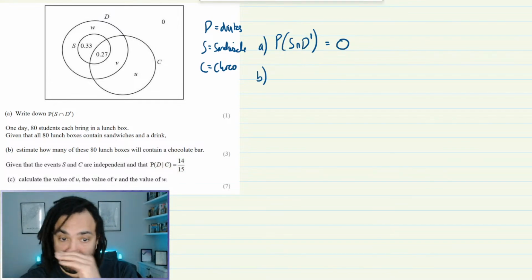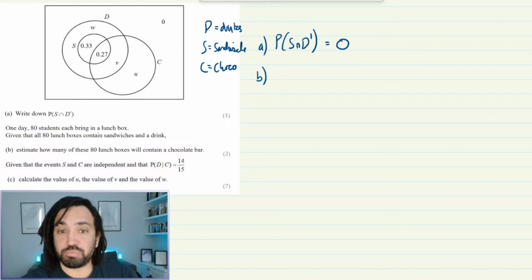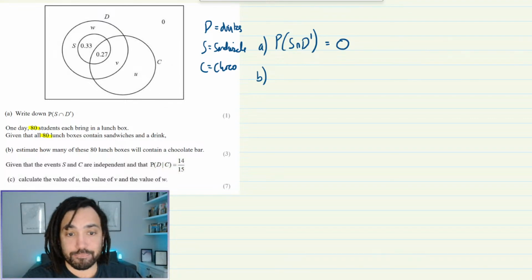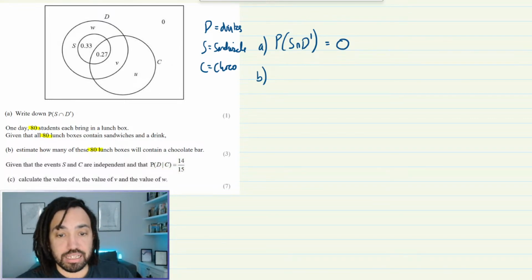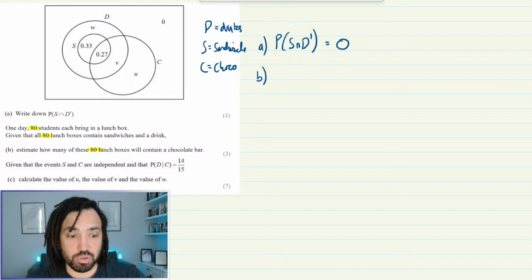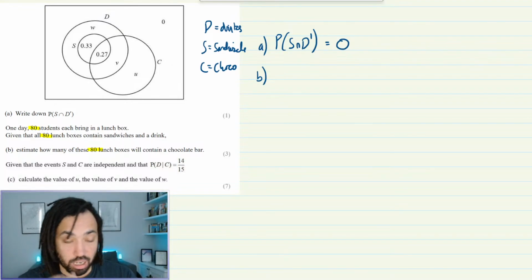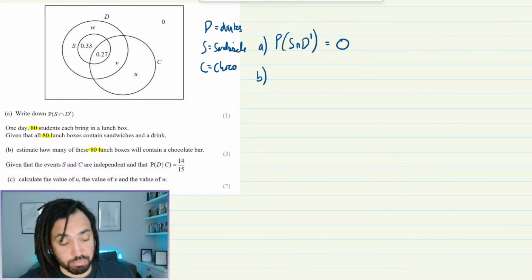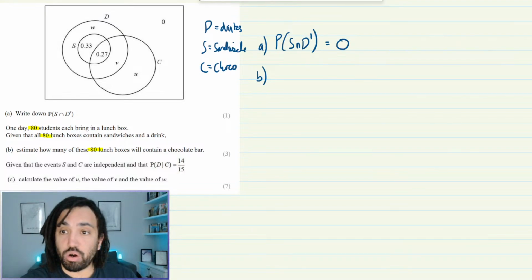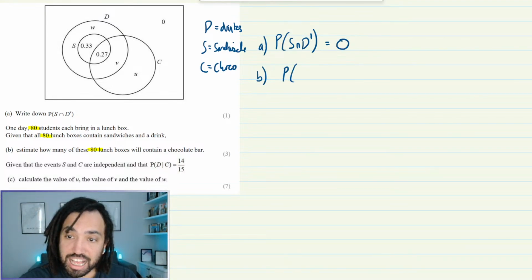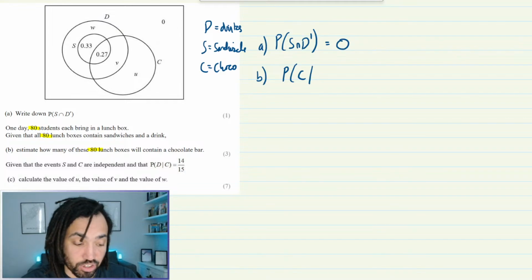Part B, it says that we've got 80 lunch boxes. And how many of these lunch boxes will contain a chocolate bar? Well, we need to find the probability of having a chocolate bar given.